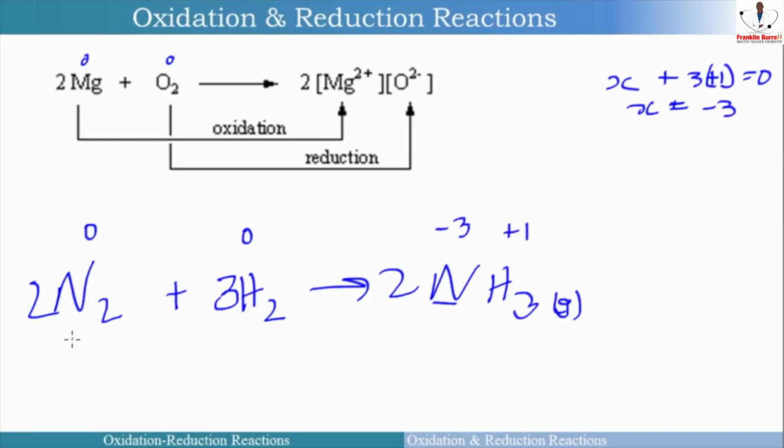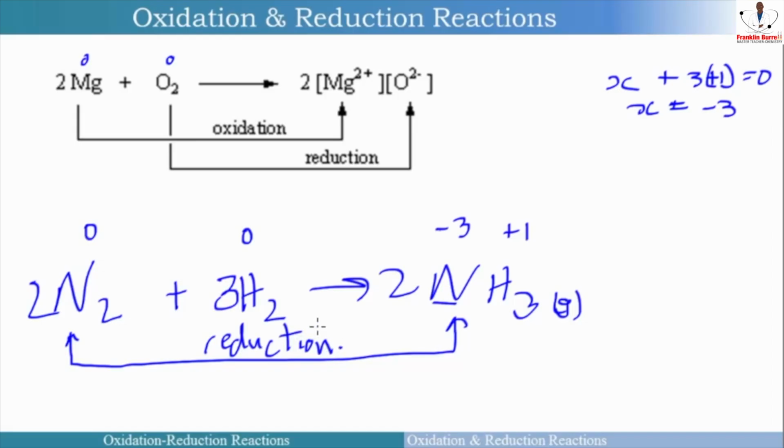We see here where N2 decreased in oxidation state. So N2 to N here is minus 3. So here we have reduction. Whereas H2 increased in oxidation state. So here we would have oxidation.